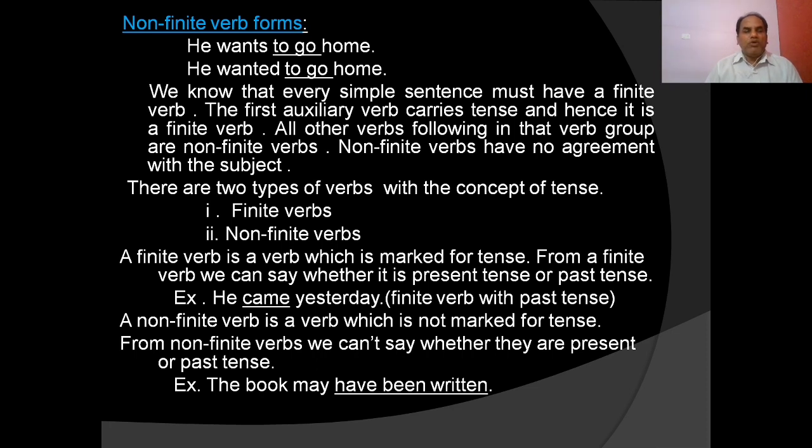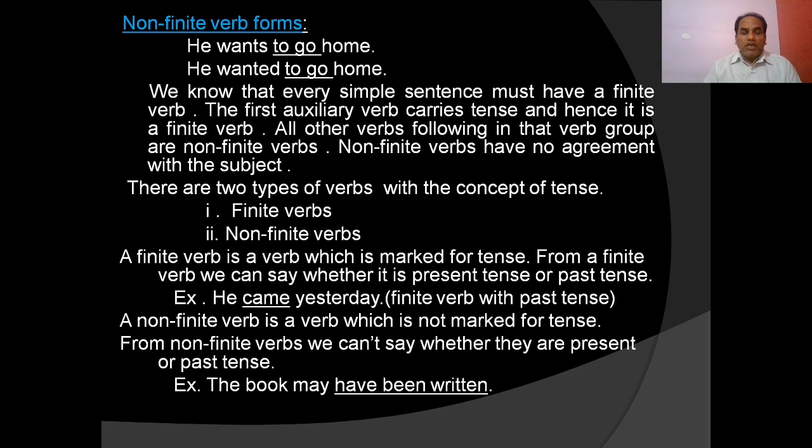From a finite verb, we can say whether it is present tense or past tense. For example, he came yesterday. Came is the verb. It is a finite verb. Why? Because from this verb, we can say it is past tense. The verb carries past tense, so it is a finite verb.